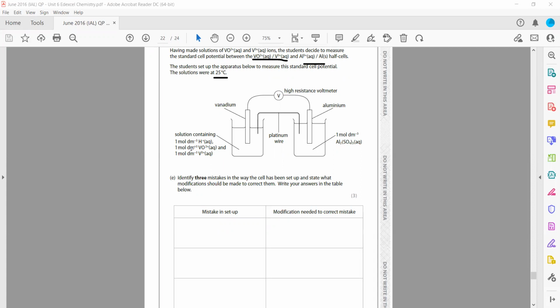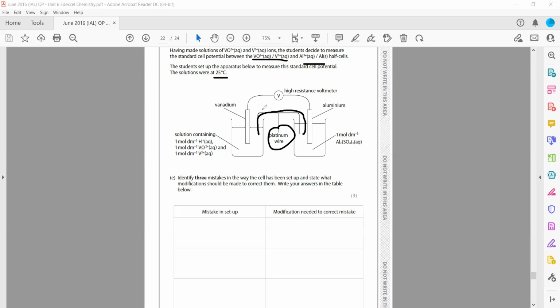The concentration is also shown for vanadium 4, and hydrogen ions are there, in solution 1 mole per dm cube. Now what are the mistakes? First, this wire used as a salt bridge should not be platinum, it should be made of filter paper or tissue paper soaked in salt solution.